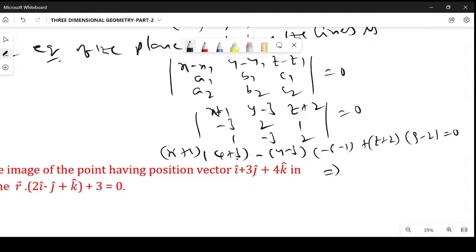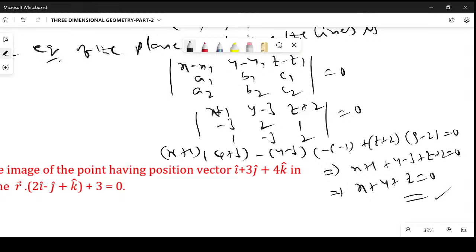If I eliminate 7 from x plus 1, y minus 3, z plus 2, you can check what equation comes: the constants cancel and it comes x plus y plus z equal to 0.